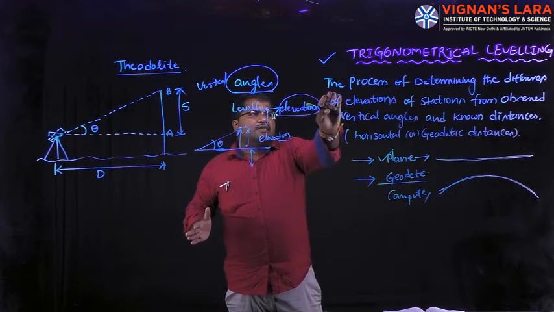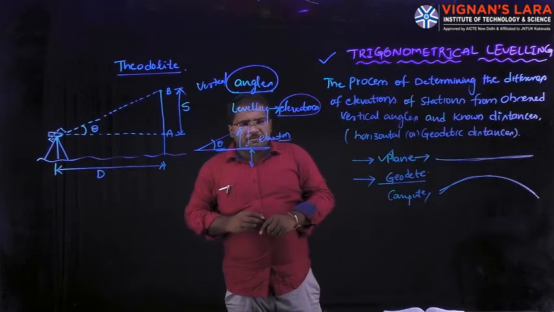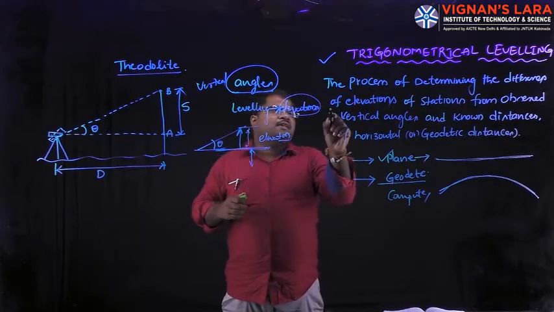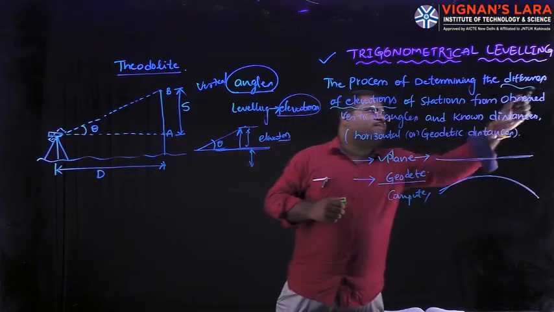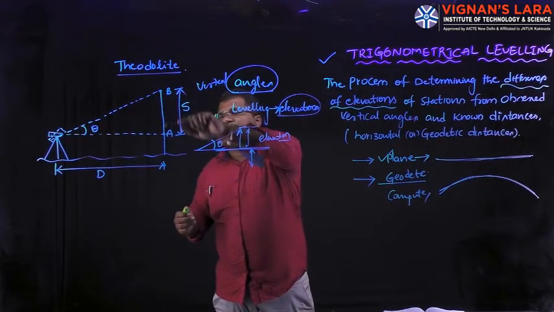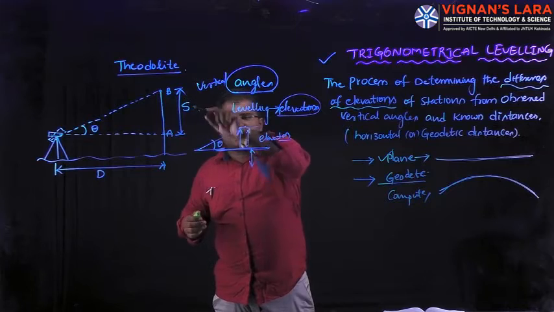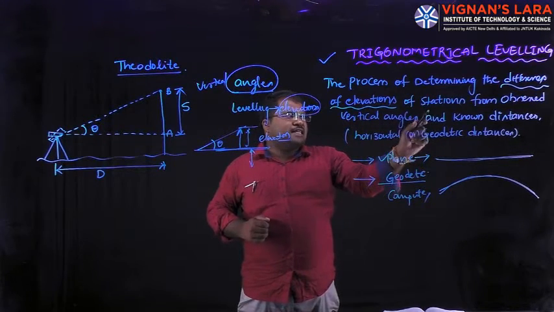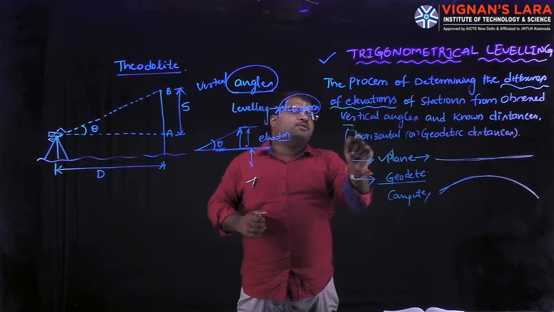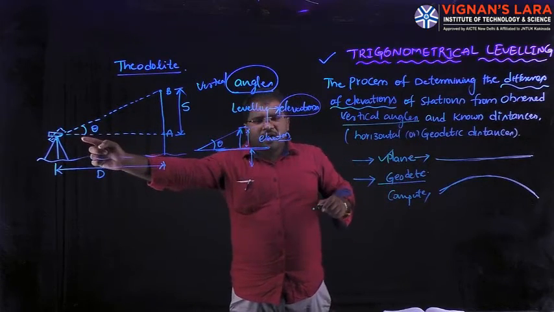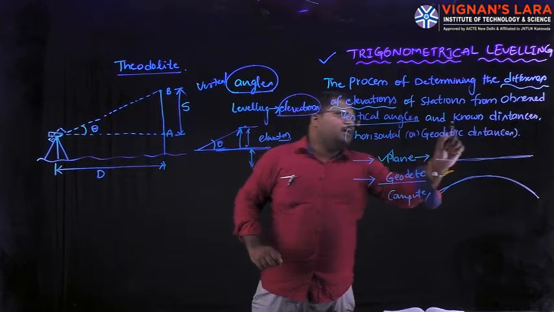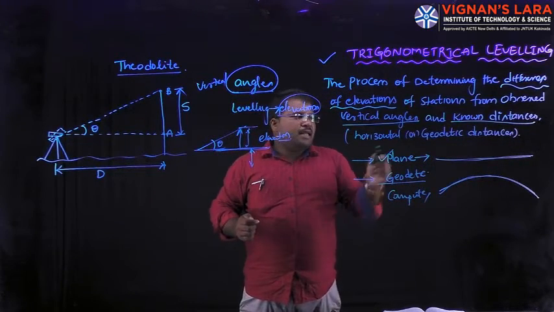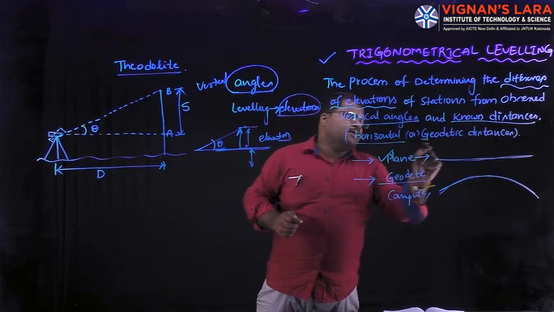The process of determining the differences of elevations, from here to here how much difference is there, what is this value. So we are going to know the difference of elevations of stations from the observed vertical angles and known distances. Either it may be horizontal or geodetic distance.